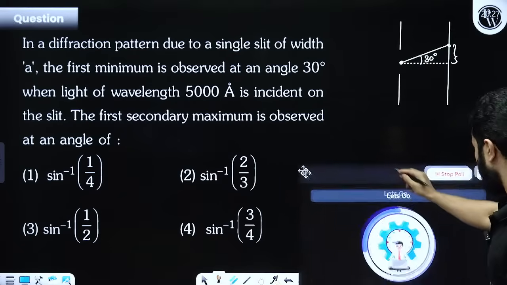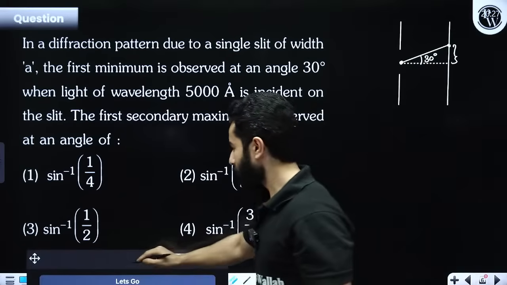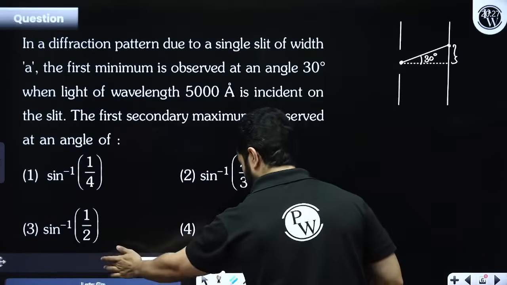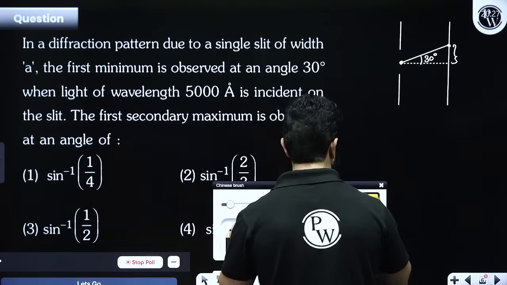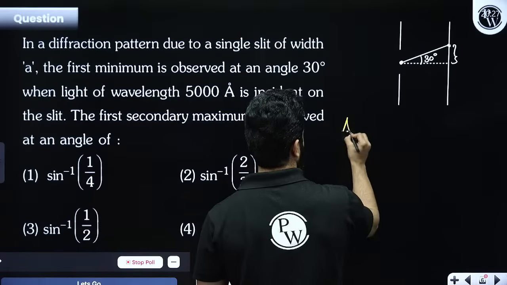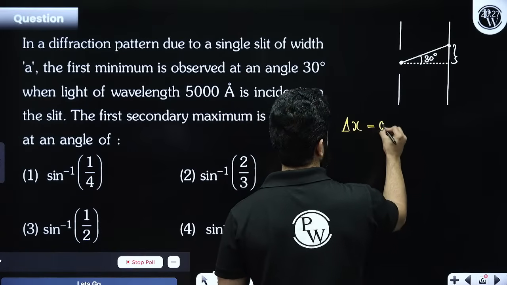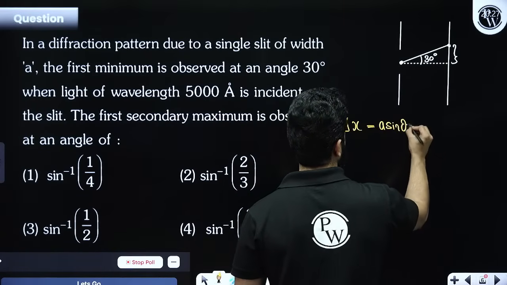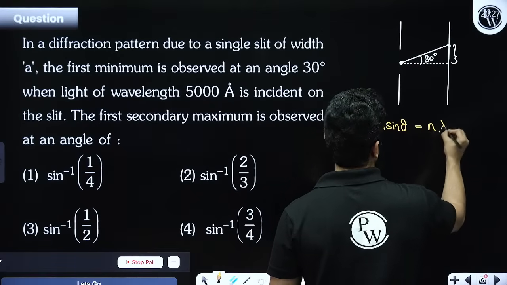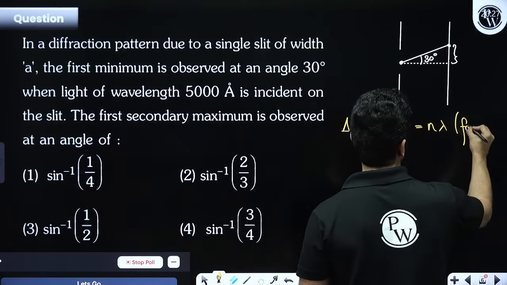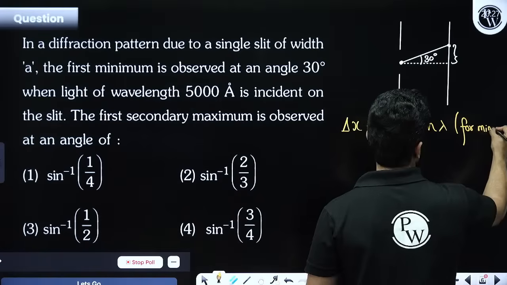So friends, for first minima, we know that the formula for path difference, delta x, is a sine theta, and that should be equal to n lambda for minima. Please remember it, this will be for minima.